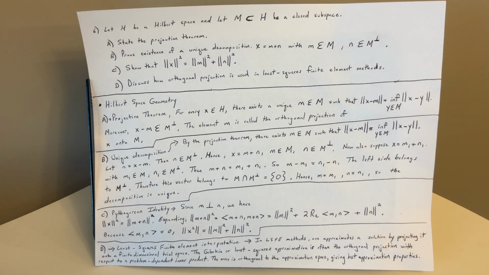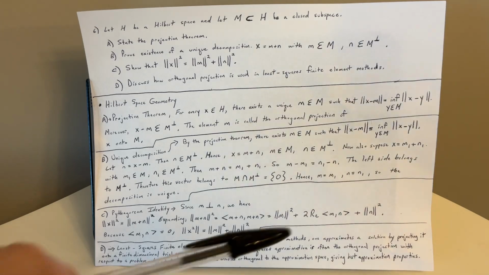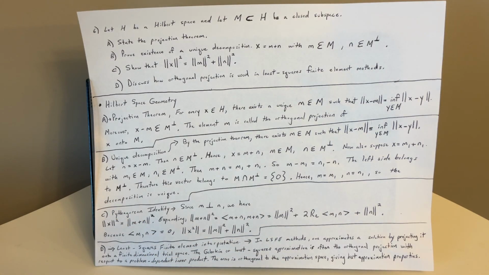So we get norm m squared plus 2 times the real part of the inner product of m and n, plus norm n squared. And because the inner product of m and n equals 0, we can say that norm x squared equals norm m squared plus norm n squared.